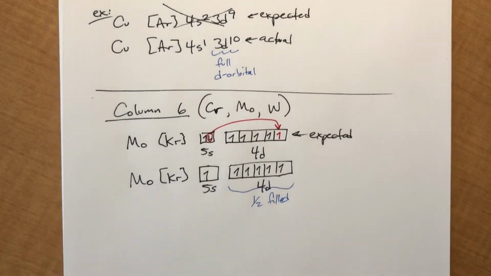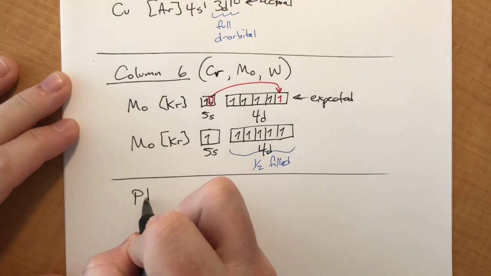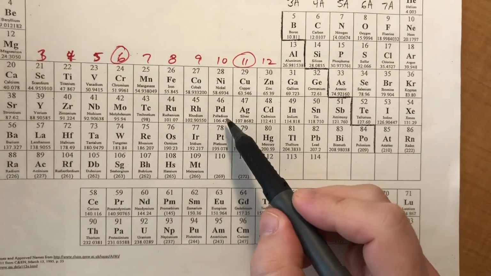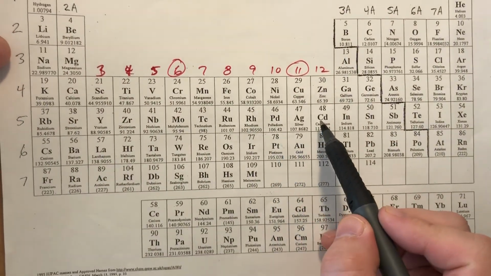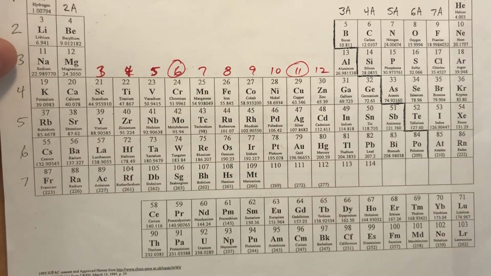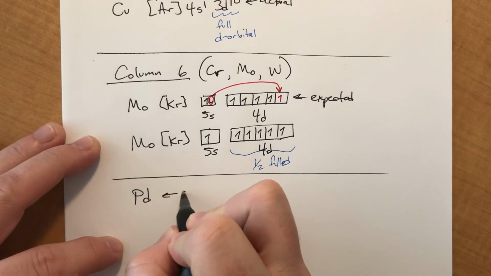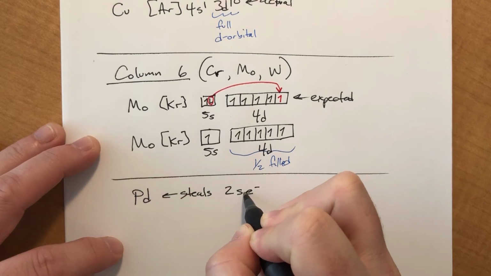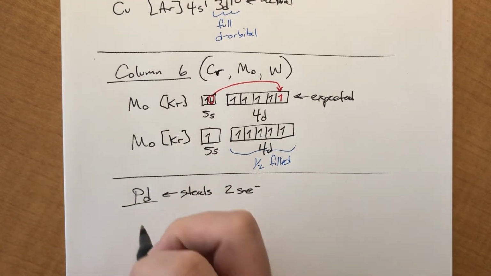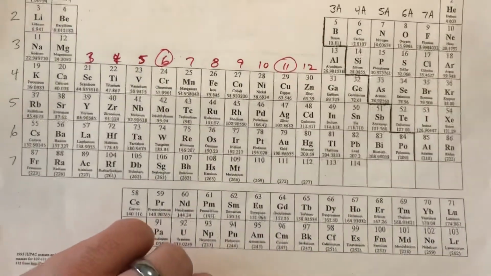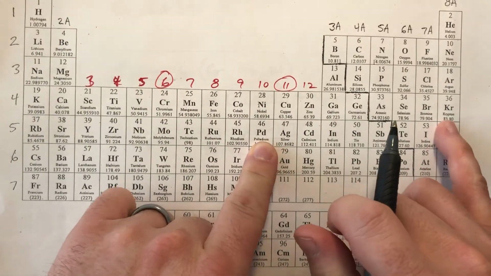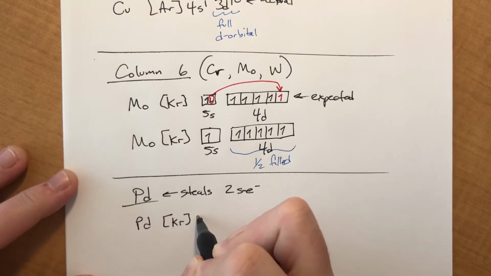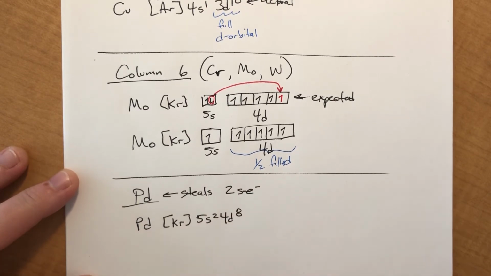And then there's one more exception. Palladium. One element all by itself. The rest of the column doesn't do this. Palladium is oddball enough, it's two away from being filled. It actually steals both of the s electrons. So for palladium, element 46, we would expect it to be krypton 5s2 4d8.